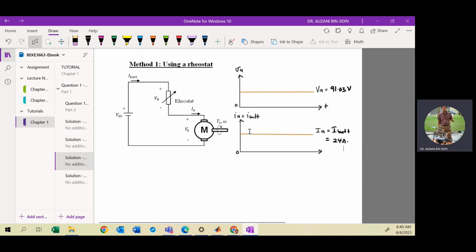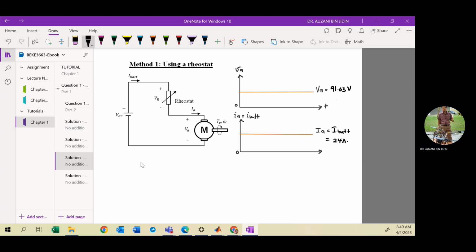Based on this waveform or the calculated values, you can calculate the input and output power, and after that you can calculate the efficiency performance. So here P in, the input power, is VDC, the battery voltage, multiplied by I battery.